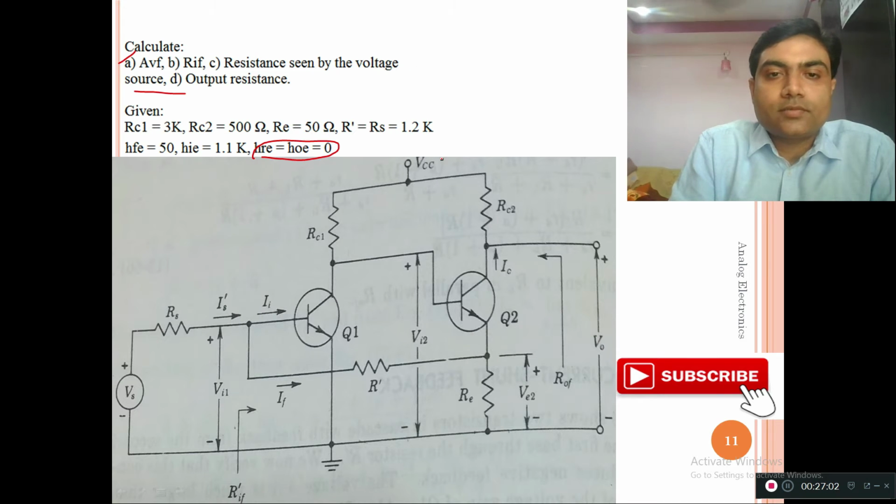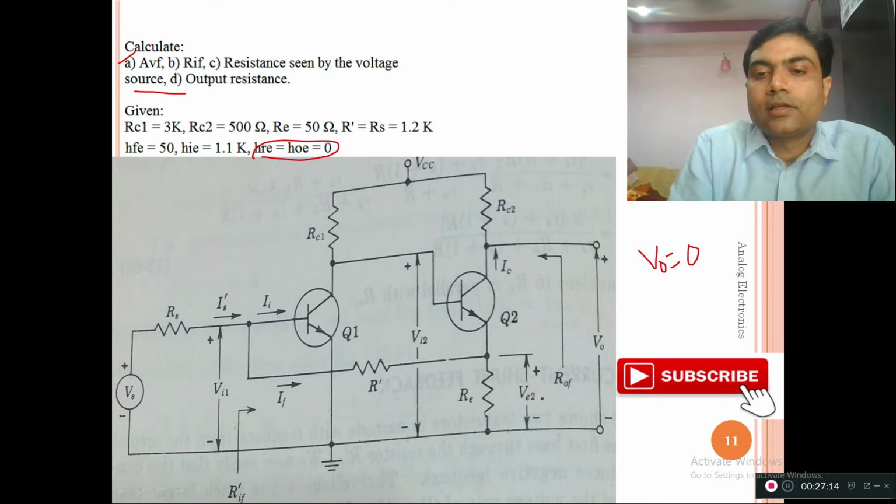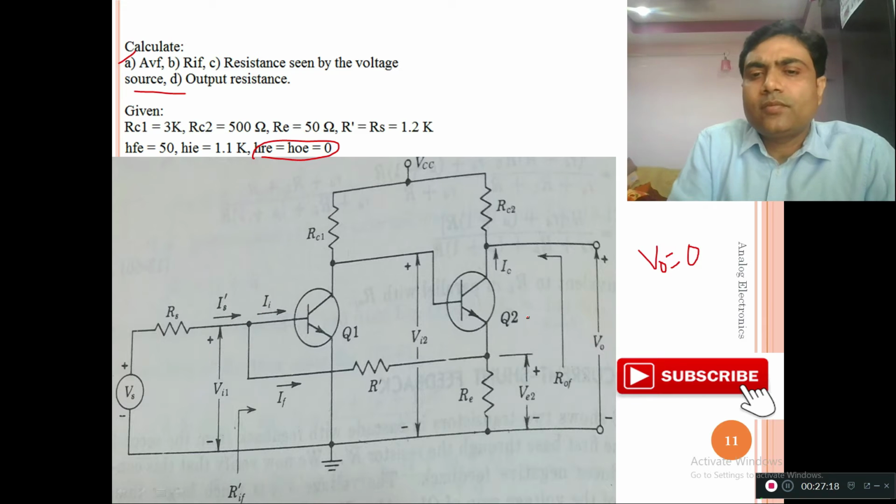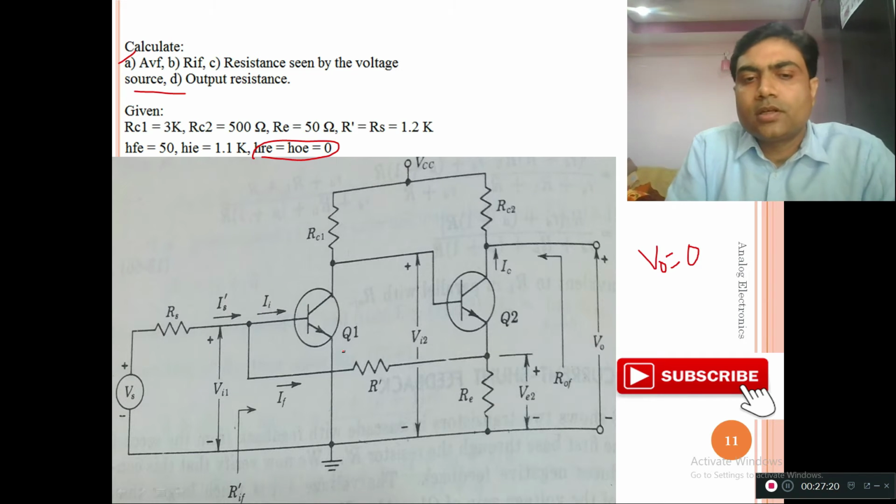Now in this case, if I make V naught equal to 0, let us see what is going to happen. Is there any effect on the feedback path? Where is the feedback path?